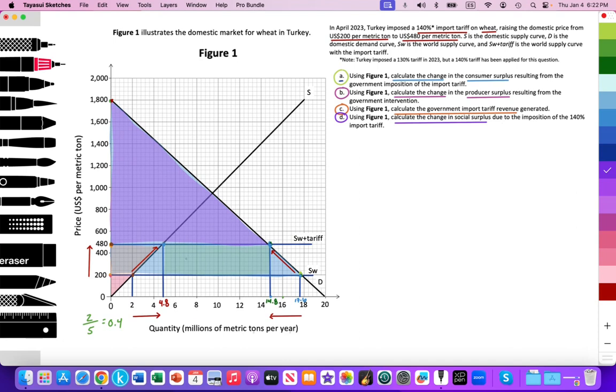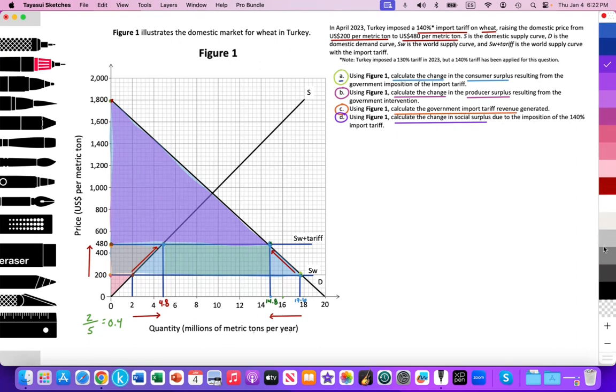That can mean we're just going to focus on calculating the welfare loss. That's one way we can calculate this, and that's the focus of this video. There'll be a link to the very last video, where we can see an alternative answer that would be accepted by the IB. But let's first focus on calculating the welfare losses.